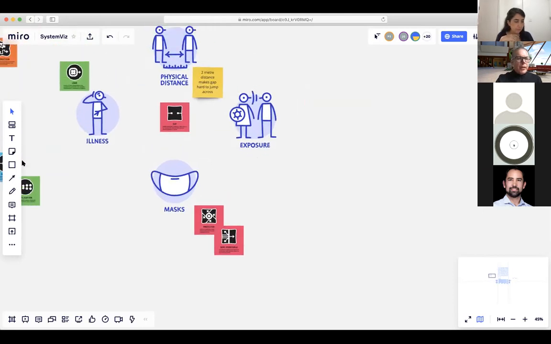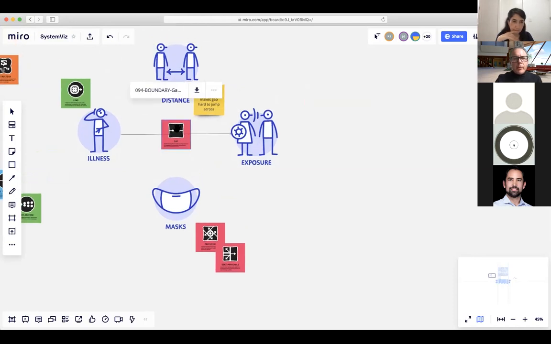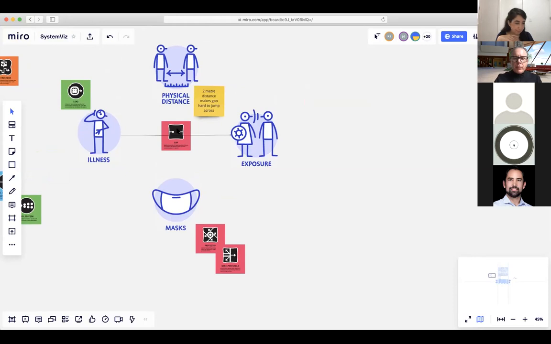So you can also start drawing arrows between things. One of the problems with this particular type of tool is that it doesn't do a good job. Normally we'd want arrows that are much larger in size, so that it's more obvious that there's a linkage taking place here.